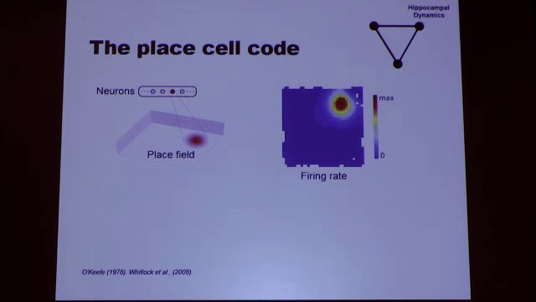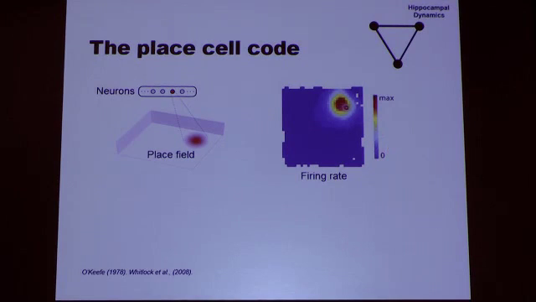So if we look at the coding properties in hippocampus during any sort of spatial task, what we see is this very classic place cell phenomenon. These are neurons, or place cells, that tend to respond when the animal is within a specific region of the environment, defined by its place field, with a firing rate that in open environments is usually described with a Gaussian-like kernel.